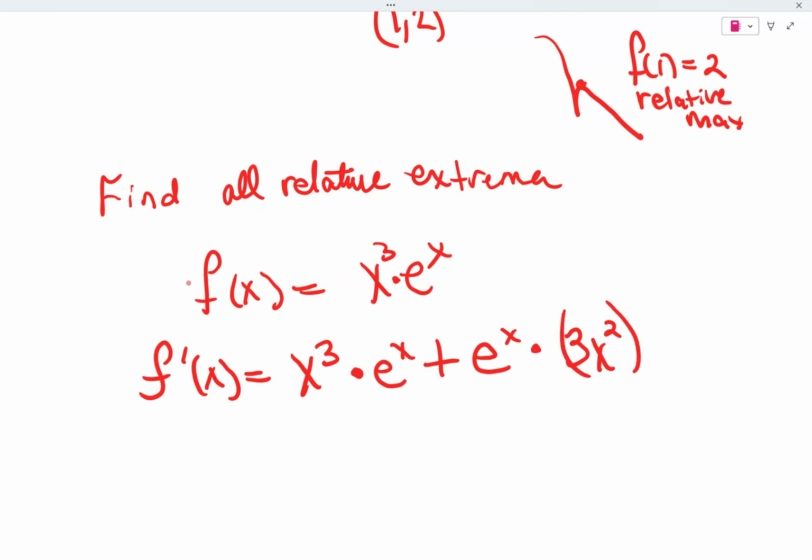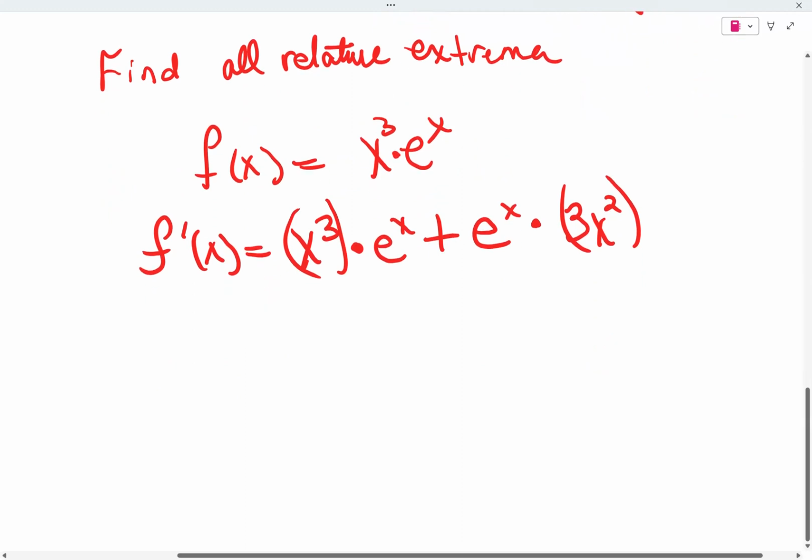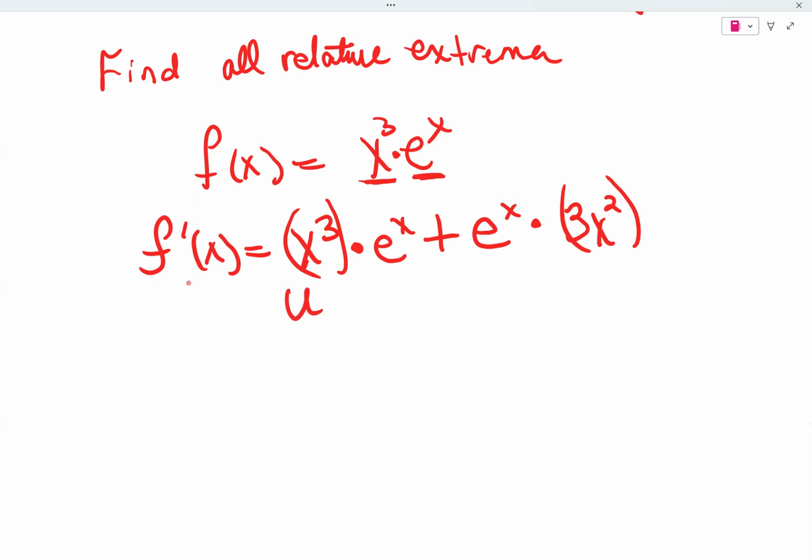So notice that this is your u of x, this is your v of x. So u of x times the first derivative of v of x, plus the v of x times the derivative of u of x. Okay, so if you need to rehearse that, that's good.